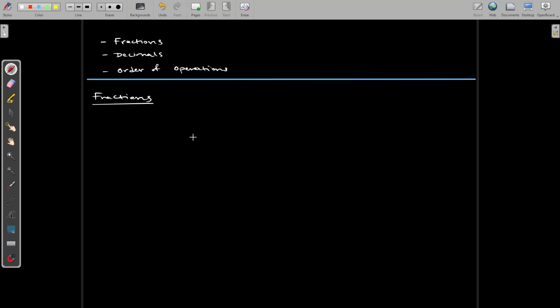So a fraction is commonly represented using three parts. So the top part up here is what we refer to as the numerator, denominator, and what do we refer to this line as?